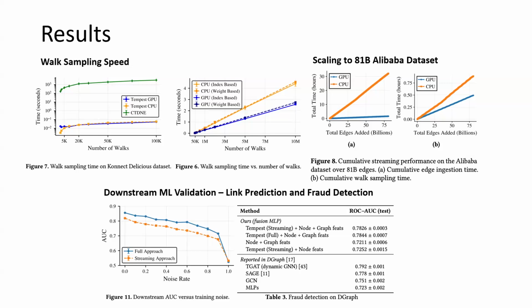Now, we didn't make the ML part very complex for this work. We will do it in the next works. In this one, we just use skipgram. Skipgram has known limitations in that it cannot work with streaming data very well. So for this, we have a 4% performance gap here, but it's very consistent, and it is consistent with the noise injection. So we believe that we can close this with further modeling improvements.